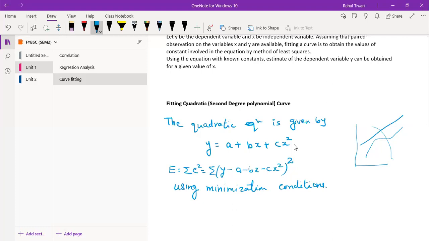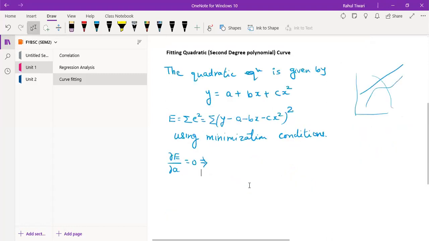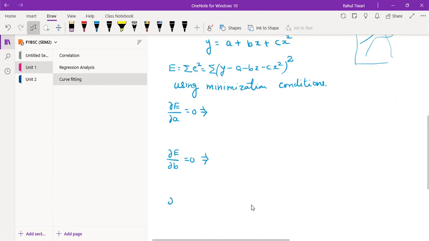A, B, C. So we have to differentiate E with respect to a and equate with 0, what will we get? Similarly, we will differentiate with respect to b, and we will get one equation. Similarly, we will differentiate with respect to c, and equating with 0, we will get some equation.